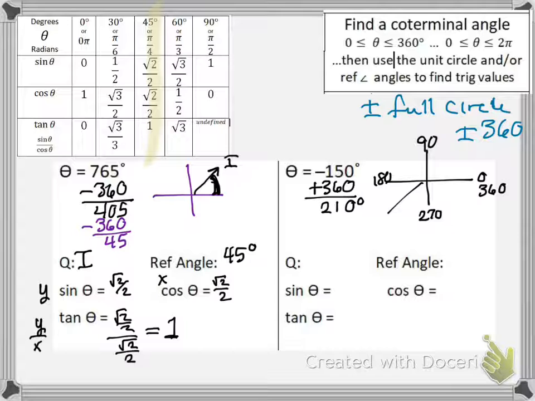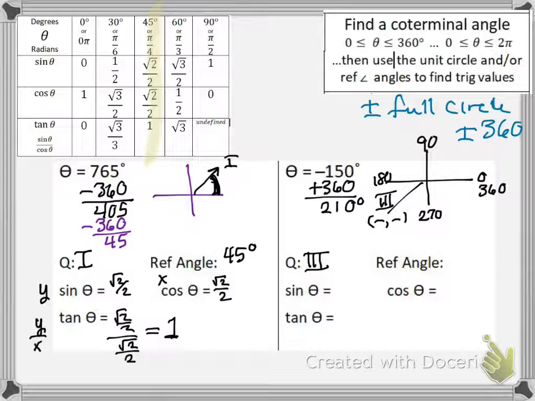So I know that it's over here in quadrant 3. I know that in quadrant 3, I've got negative, negative. Reference angle, you have to say, is it closer to 0 or 180 or 360? It's closer to 180.